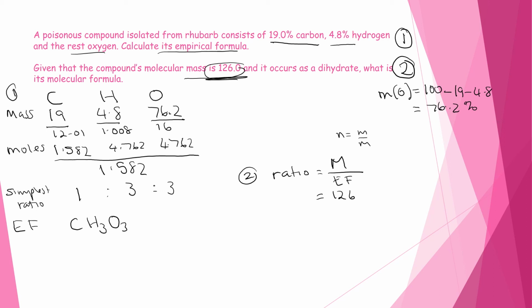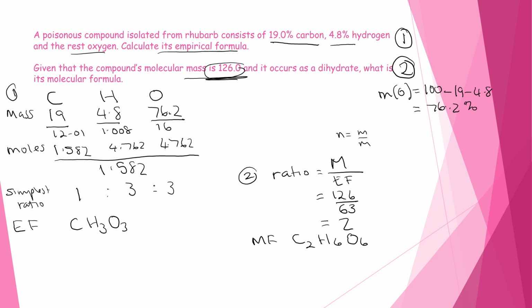To work out the empirical formula mass, I go carbon is 12.01, add 3 times 1.008, add 3 times 16, and this comes out to about 63. So 126 divided by 63 comes out to about 2. This tells me that the molecular formula must be C2H6O6, and you can see how I did that. I simply multiplied these numbers by 2.